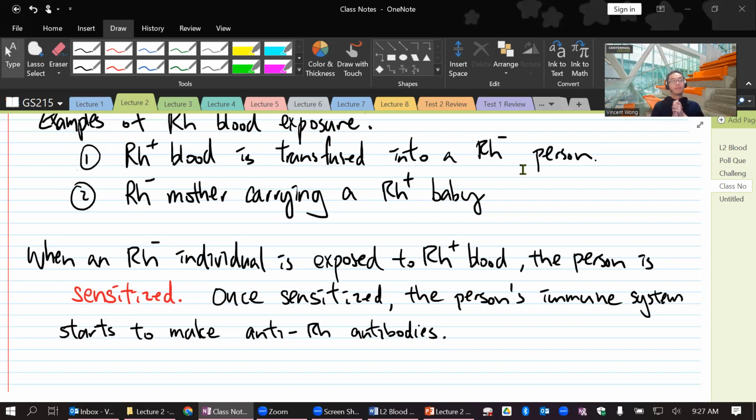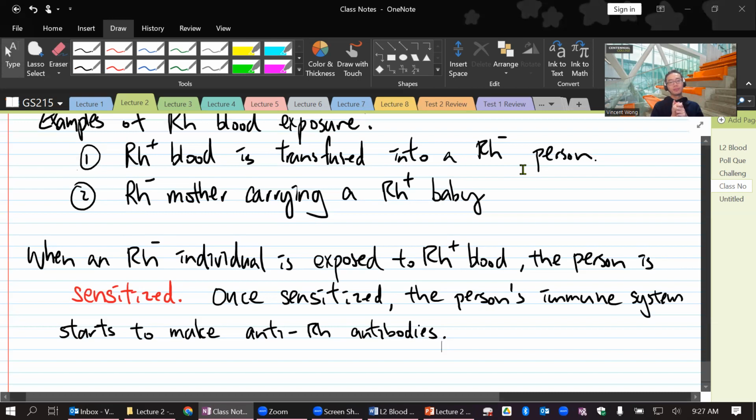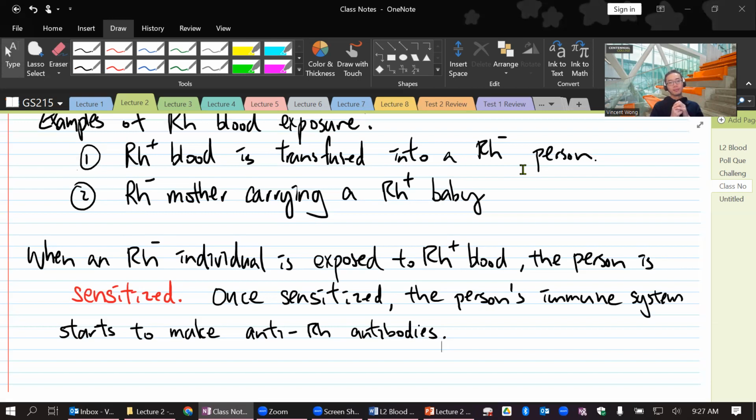So what would happen if the person gets the positive blood and then they're still not sensitized even after receiving the blood? That's a great question. Once you receive the positive blood, you will become sensitized. Your body will react to it and make antibodies, but not right away.